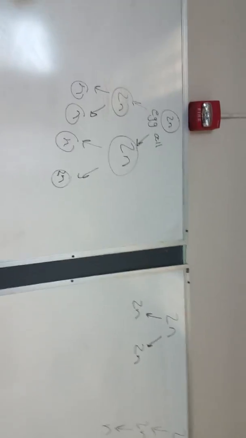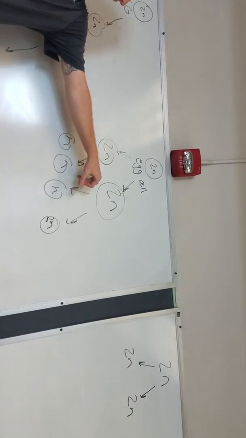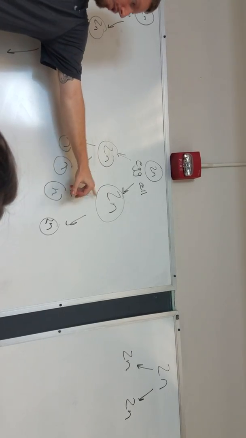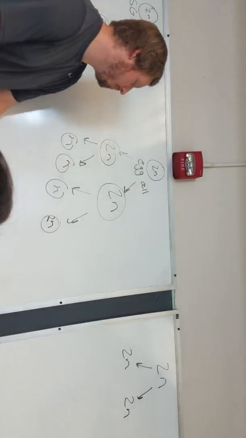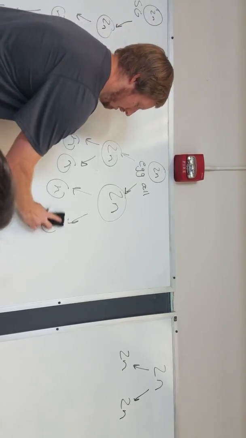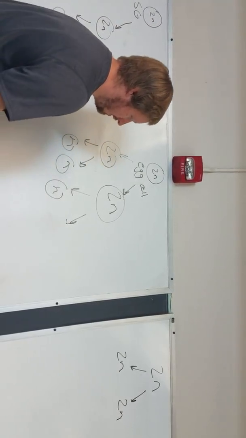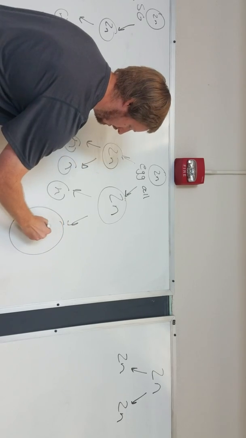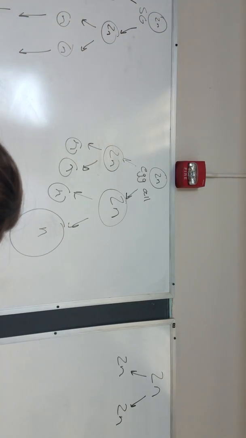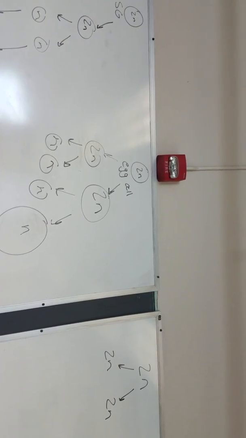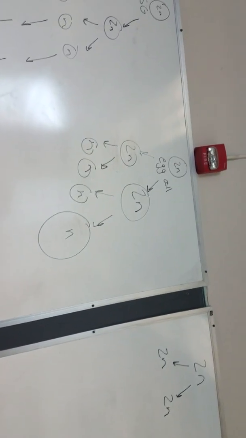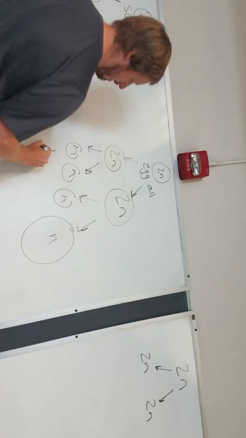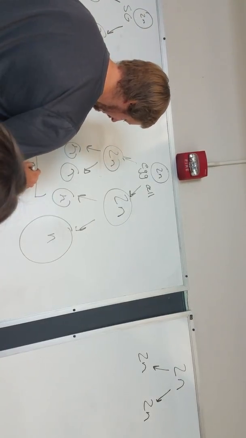All right, so what happens though right here is with the diploid egg cell, that actually goes through another division of producing a haploid cell and a polar body. So the main thing I'm trying to show here is that one of these is supposed to be a lot larger than the other. All right, so the polar bodies are going to be really small in size, and then you're going to have the mature haploid egg cell that's going to be a lot larger. And so these three polar bodies here are inactive.